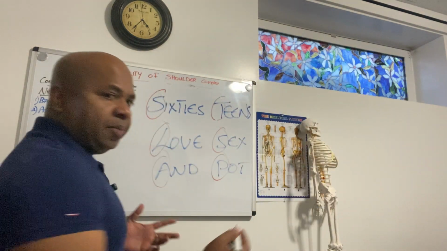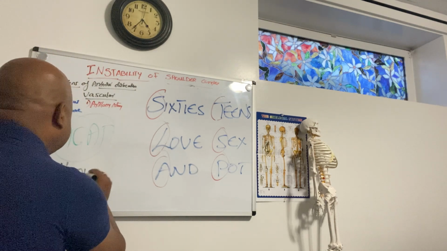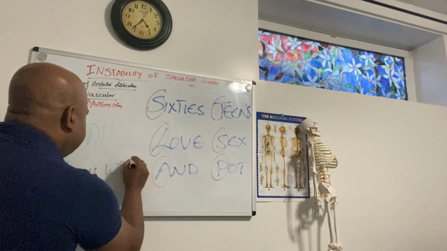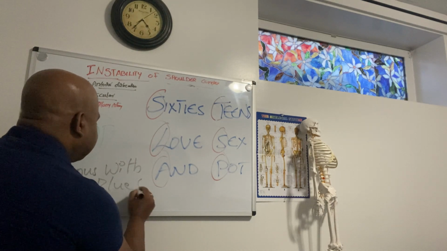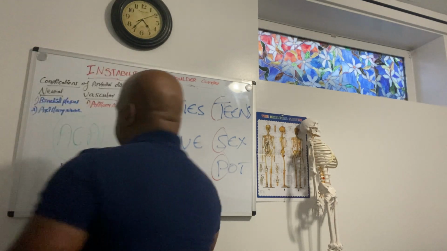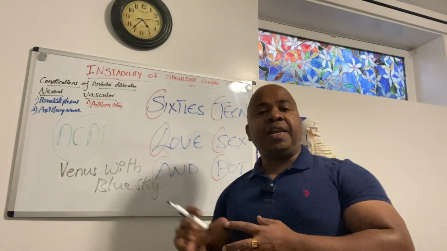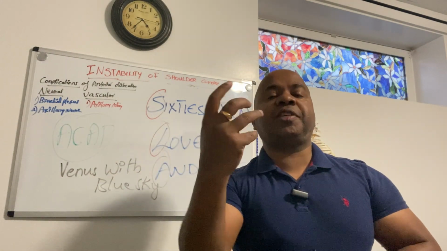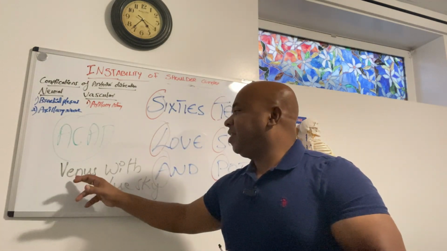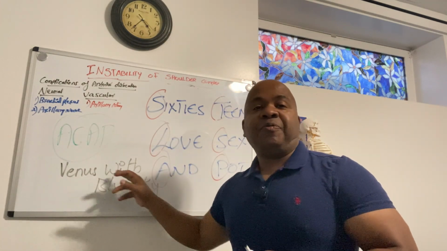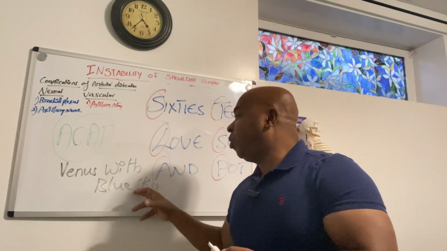And when there is a venous injury, I made a formula. You can use your own formula. Venous with blue sky. My formula is Venus with blue sky. What do you mean by Venus? Venus is the hottest planet. So Venus is hot, warm, with blue sky.